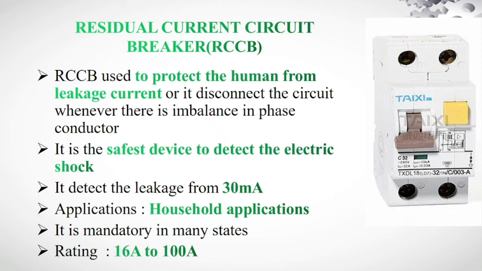And also it is mandatory in many states, since it is used for protecting humans. By considering these unique characteristics, in many states it is mandatory to install it in every home. And also the current rating ranges from 60 amps to 100 amps.